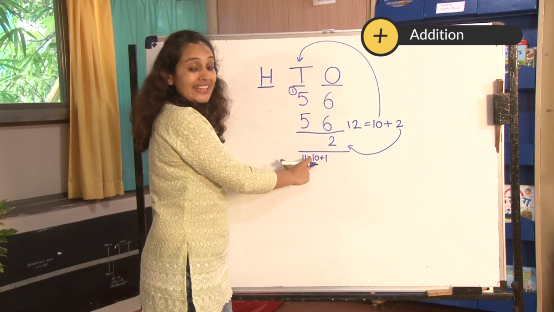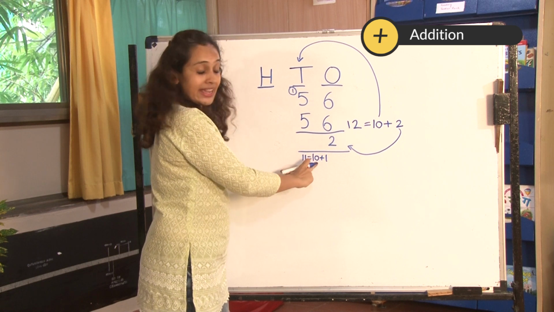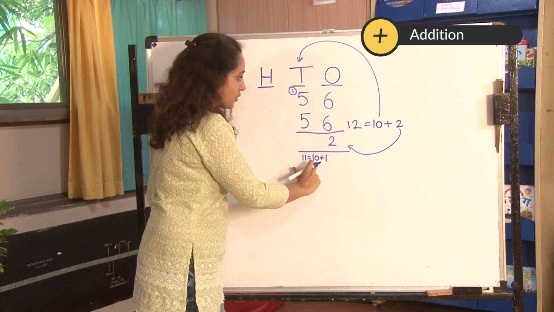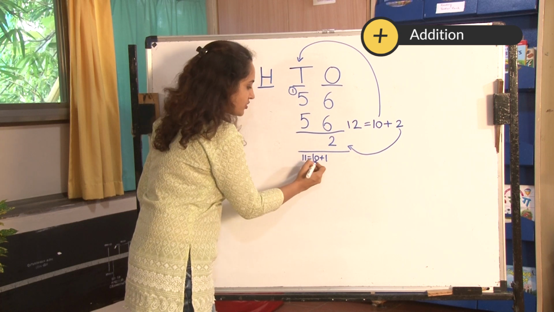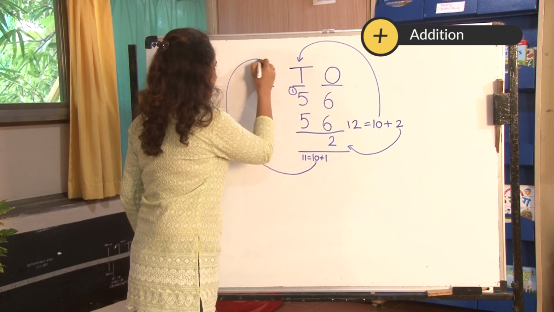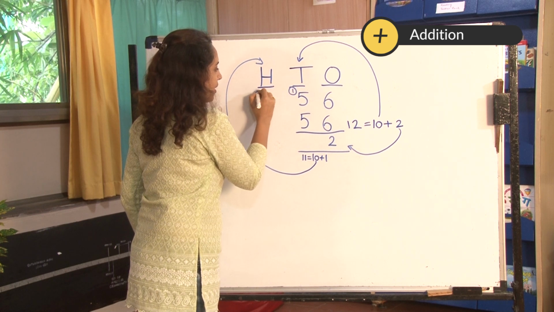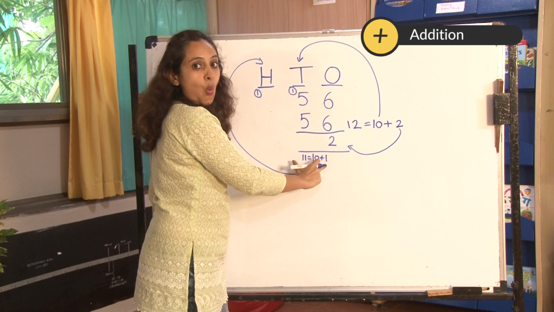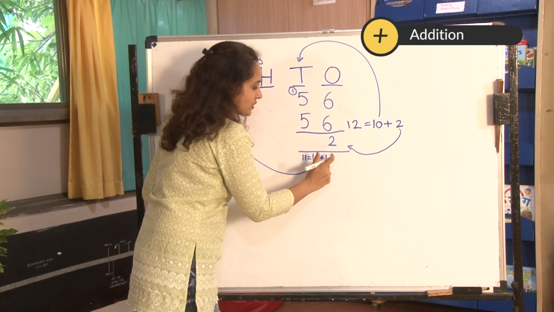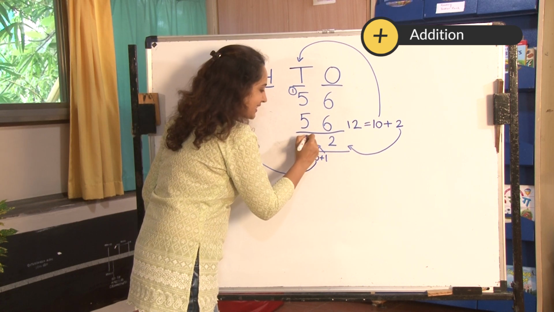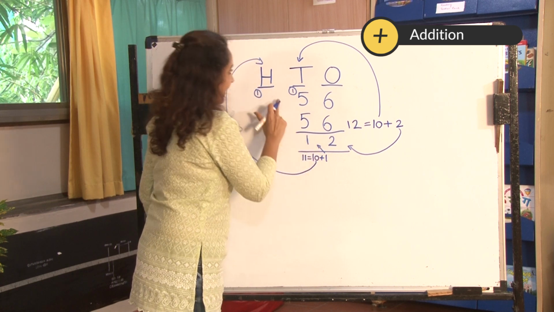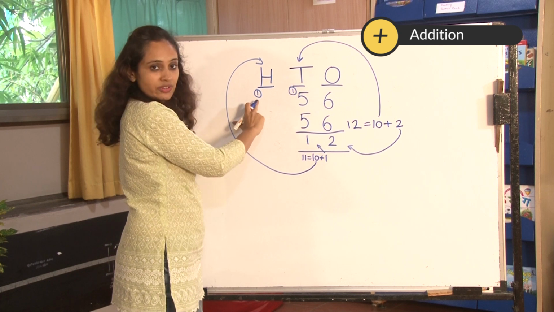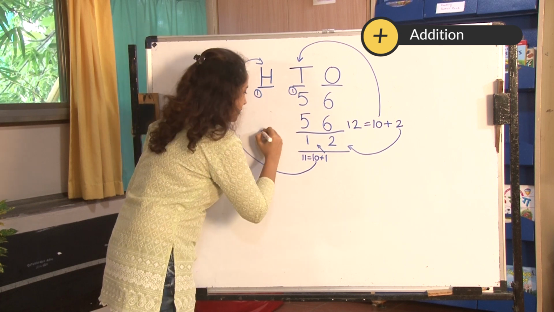Right, that's 100. And can I have it in the tens place? I cannot have it. So what do I do? I put it under the hundreds place. Now what is this? 100. And what am I left with? 10. It goes under the tens place. And my last step is I'll add hundreds. How much do I have here? 100.